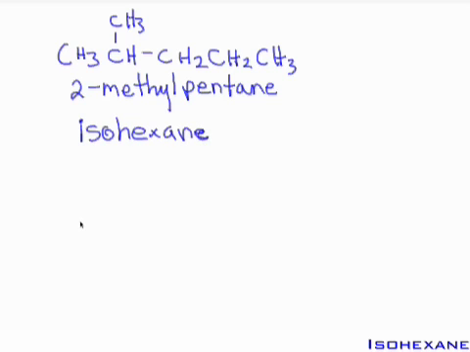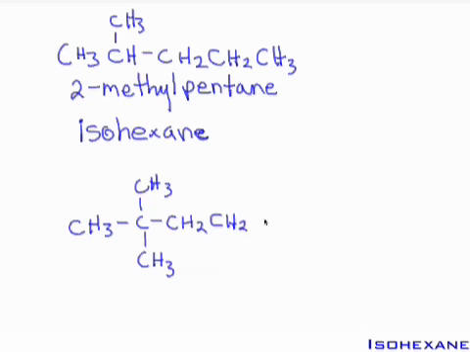The same thing applies to neo. If I go CH2, CH2, CH3. If I count along this is 1, 2, 3, 4, 5, 5-carbon chain. It's a pentane. It is a 2,2-dimethylpentane.